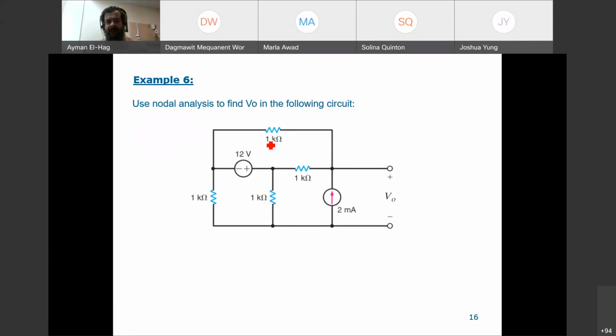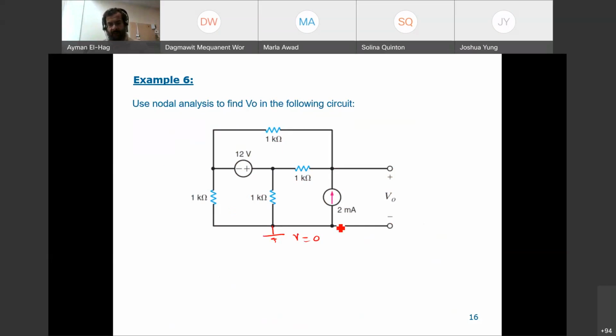I will assume this is my ground, your V equal to 0. Now in the question, if I assign you a reference point, then you have to stick to it. If I don't assign you, then it's up to you to select which one as your reference point.